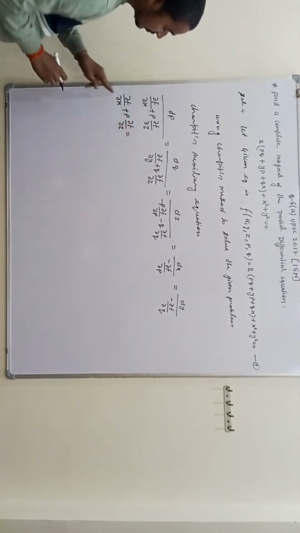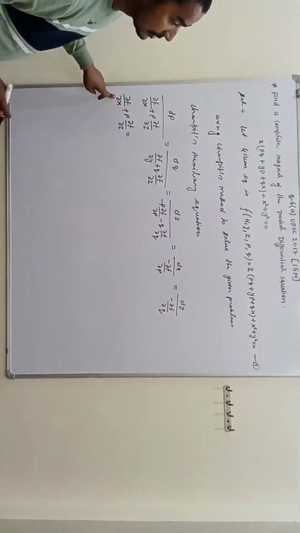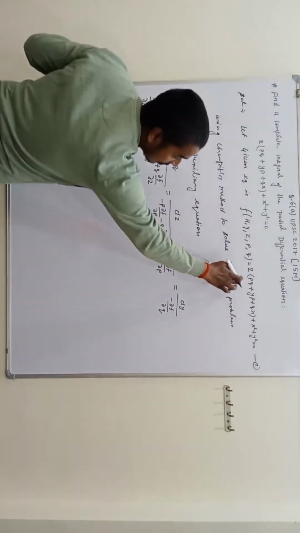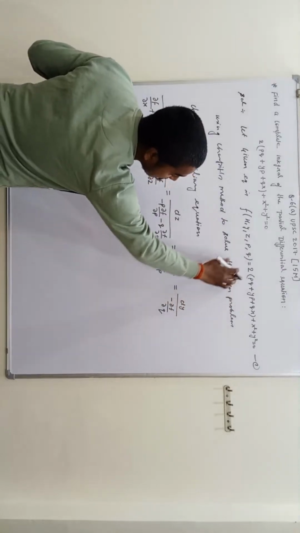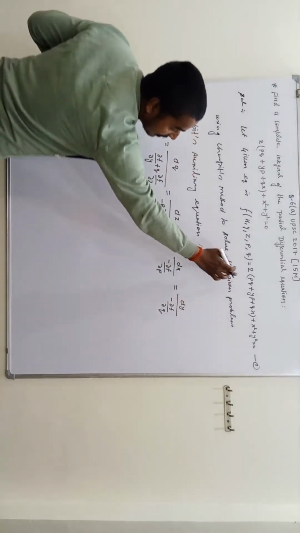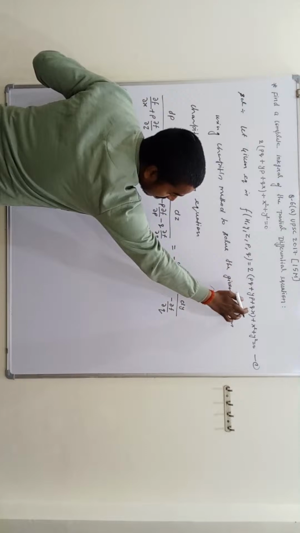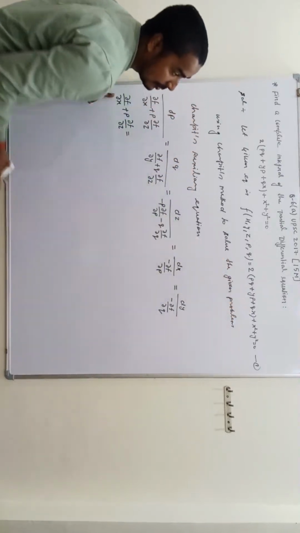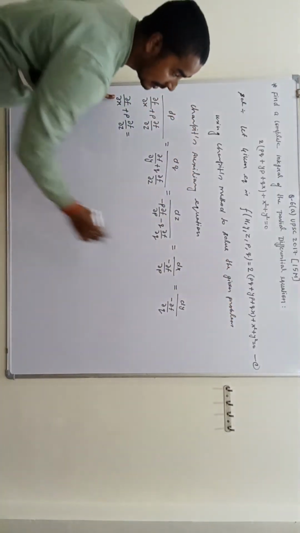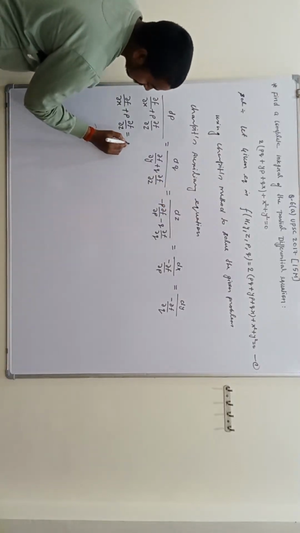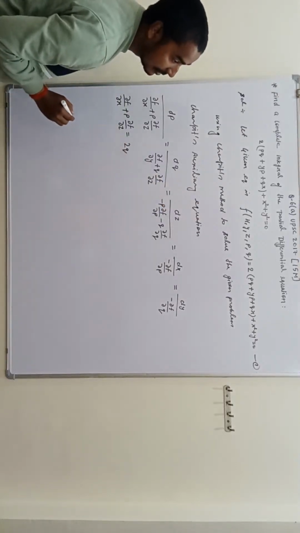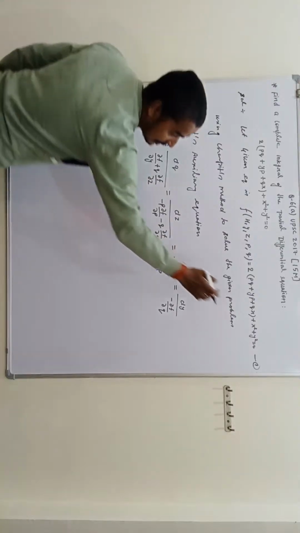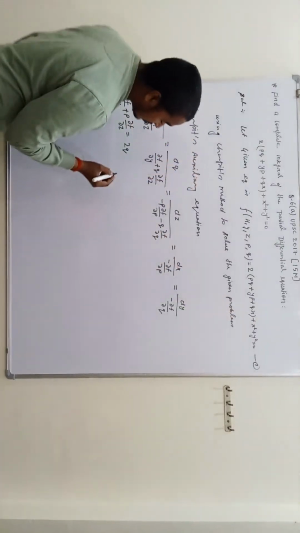We first find ∂f/∂x using equation 1. Differentiating 2qx partially with respect to x gives 2q, and differentiating x² with respect to x gives 2x.